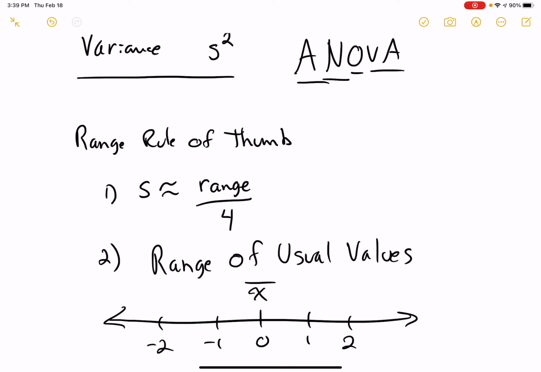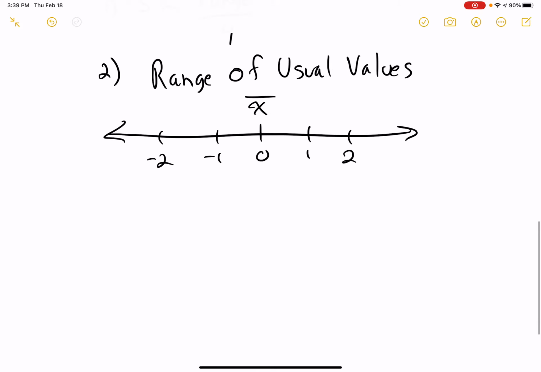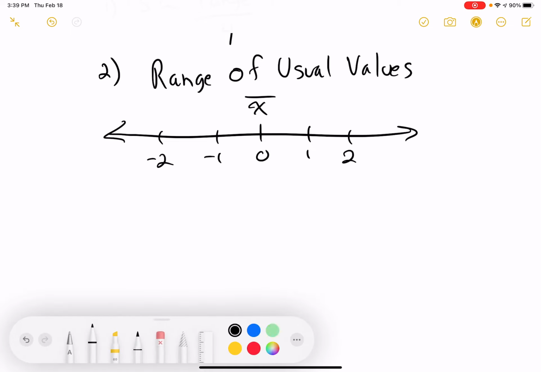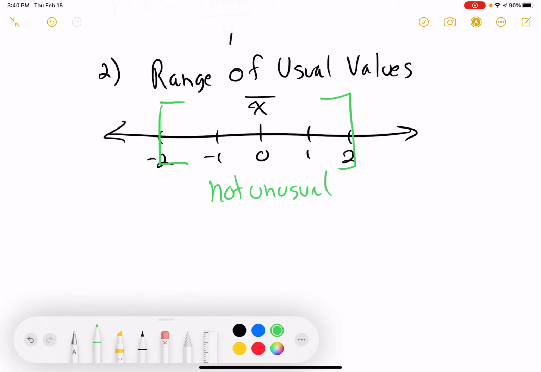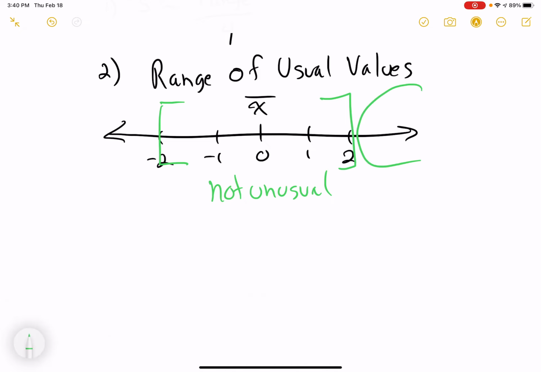And if we look at all of our values that are within 2 standard deviations of that mean, we say that those values are not unusual. And then we say that if you have any numbers that are beyond those 2 standard deviations of the mean, these are unusual values.